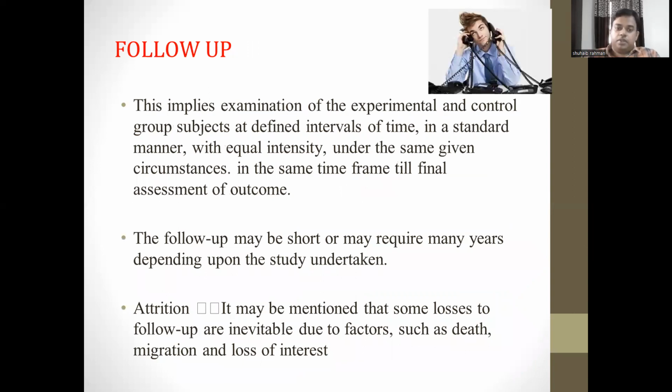Then comes your follow-up. This implies examination of the experimental and control groups and subjects at defined intervals of time, in the standard manner with equal intensity, under the same given circumstances and in the same time frame, till final assessment. Follow-up may be short or may require many years depending upon the study. After you have done your manipulation, you have to wait for the result.